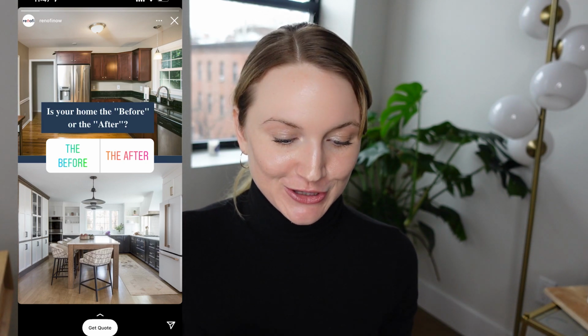And the last strategy or hack that I want to talk about is something that I have been encouraging my team to test into a little bit more, which is Instagram stories polls. Now, I think that this renovation company actually did this really well, and it's asking if your home is the before or after.